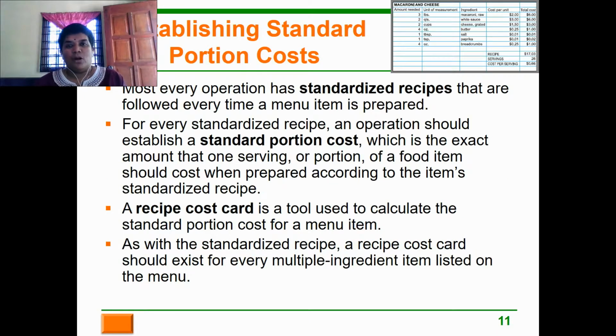So how do we establish a standard portion cost? Most every operation has standardized recipes that are followed every time a menu item is prepared. Definitely they will have. For every standardized recipe, an operation should establish a standard portion cost, which is the exact amount that one serving or portion of a food item should cost when prepared according to the item's standardized recipe.